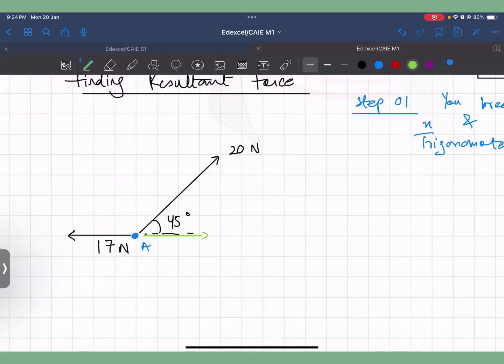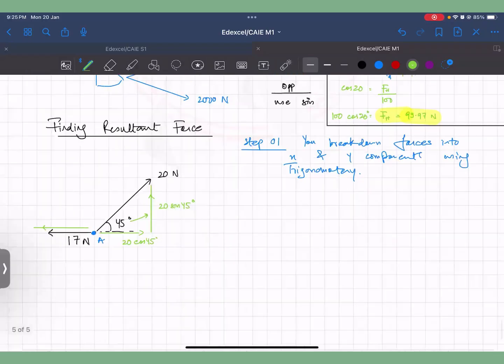For the horizontal, I would apply cos, so this would be 20 cos 45. And for the vertical, because it is opposite to the angle, it would be 20 sine 45. And there is only the horizontal component of 17. So this is the first step.